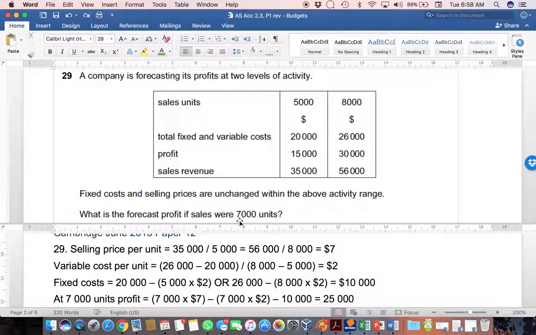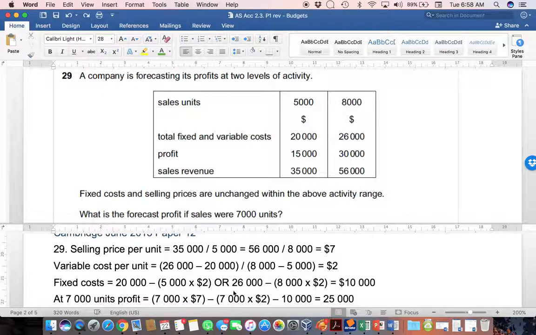Now we are able to actually work out what our profit would be expected to be at 7,000 units by simply saying we would expect the profit to be the total revenue, in other words 7,000 units times the $7 selling price, minus the variable cost, 7,000 times $2.